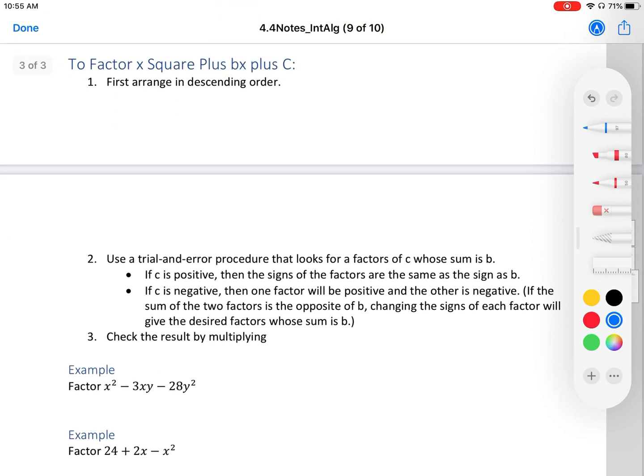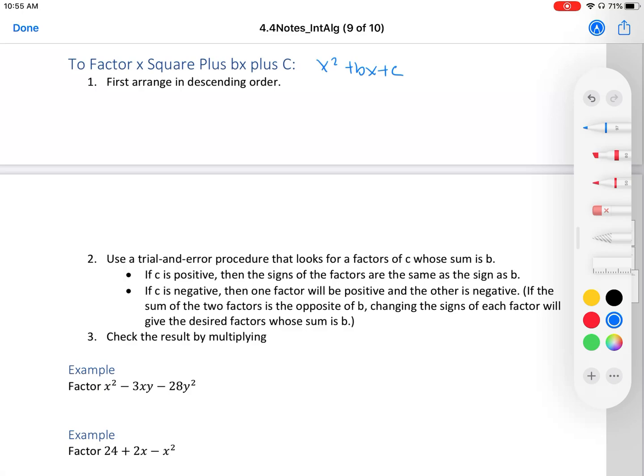To factor x squared plus bx plus c: First, arrange in descending order. Second, use trial and error to produce factors of c whose sum is b.